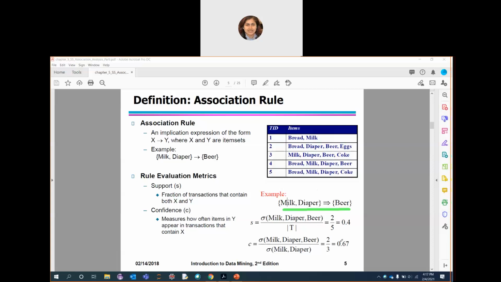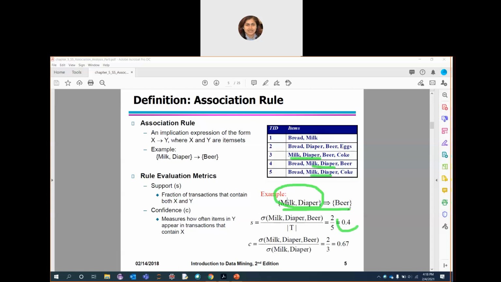So 2 divided by, in the left hand side, what you have here, that you need to decide. So frequency count of milk, diaper. How many times does milk, diaper occur? Here it's not. Here also no. Here we found one, milk, diaper, milk, diaper. So 3. So it will be 2 divided by 3.